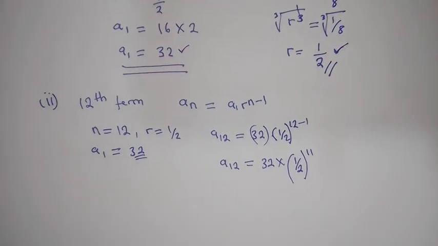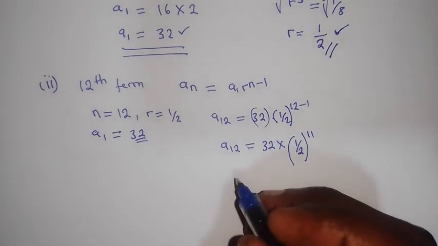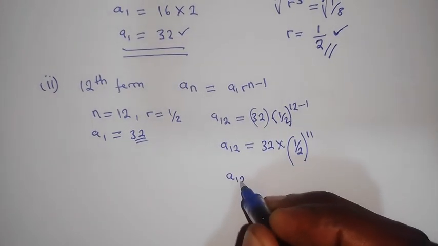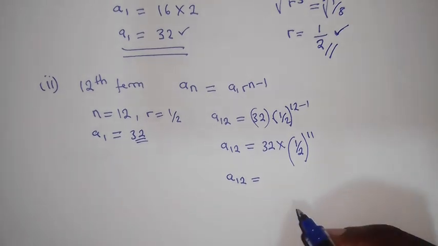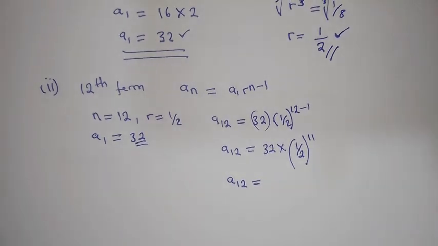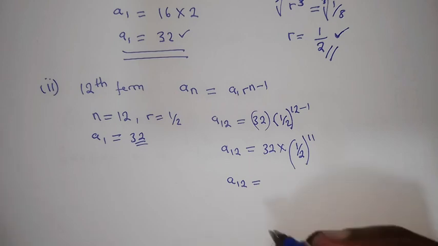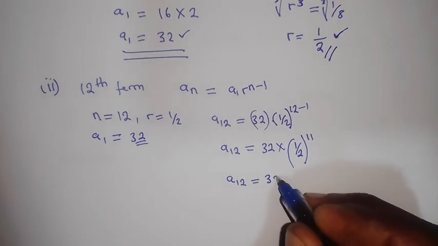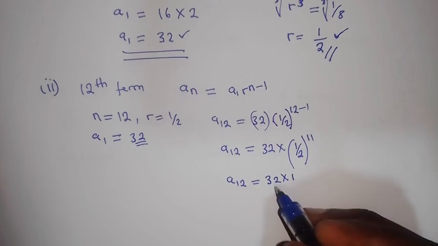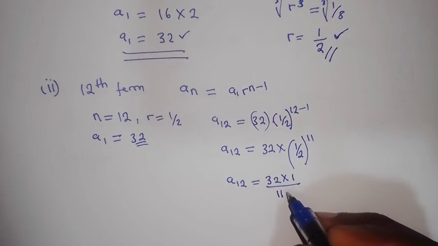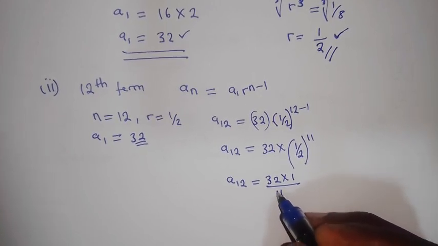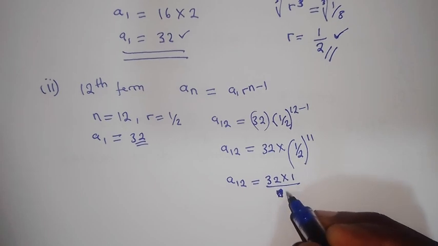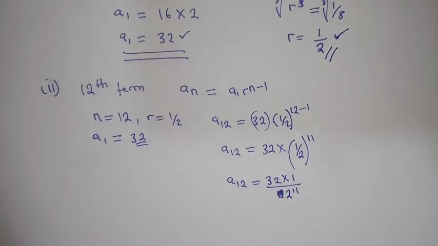So from there, your a12 is going to be 1 to the power 11, and 1 to the power 11 is just 1. So you're going to have 32 multiplied by 1 divided by 2 to the power 11.